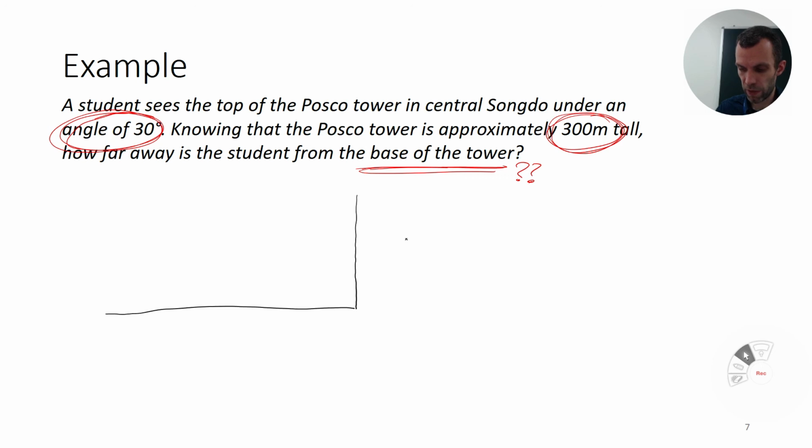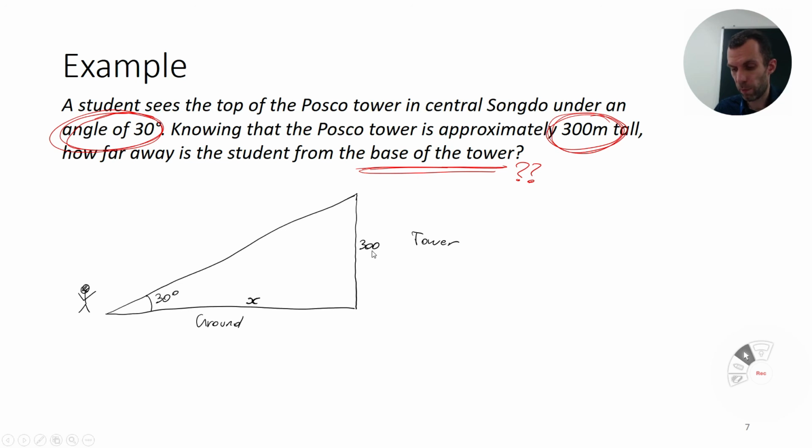I have my tower over here, and this is my ground level, and the student is standing here, looking up at the top of the tower like this. What we know is this angle is 30 degrees, and this side is 300. Let's also call the base of the triangle x. So x is what we're interested in.